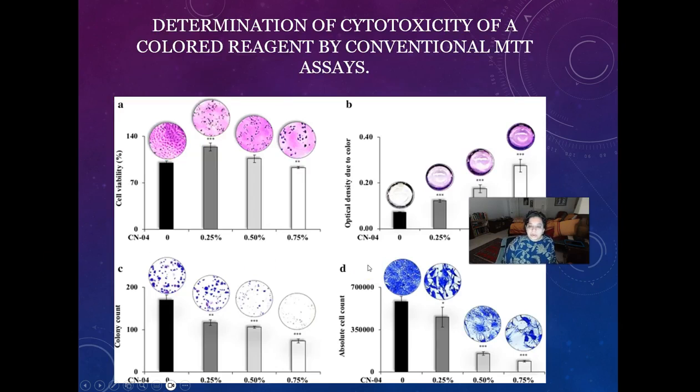Here are some more examples of looking at cytotoxicity with the change in color of a reagent or the number of colonies. So here you have cell viability, and you have your control, lots of healthy cells touching each other, growing very well. Once you start adding the drug, they are not as healthy.